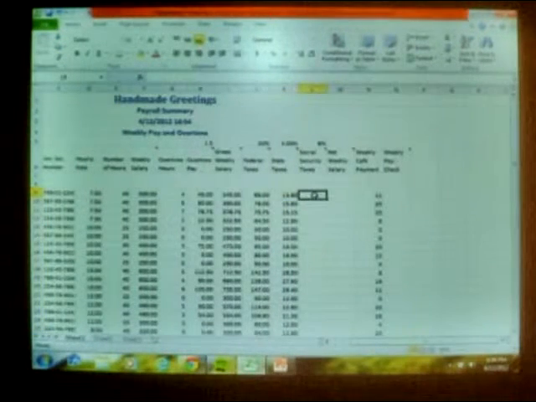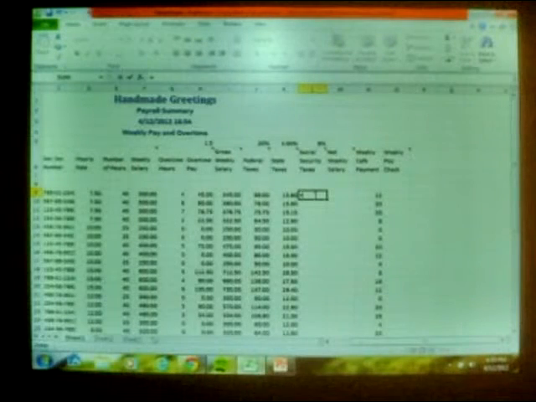Okay, now we're ready for the Social Security equal, and we're back at the gross weekly salary times L5, and we're going to place the $ sign to make it absolute.